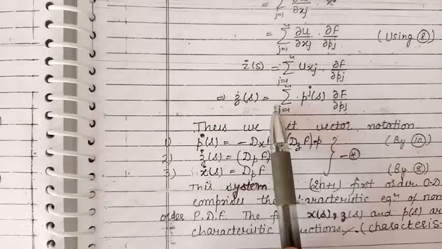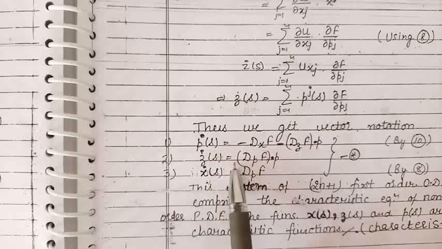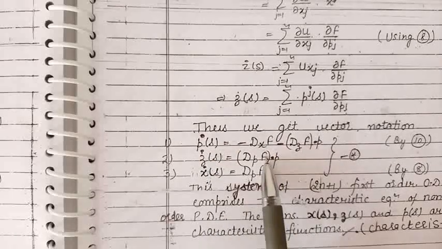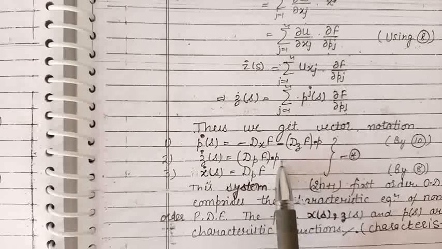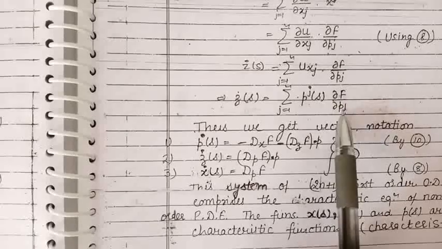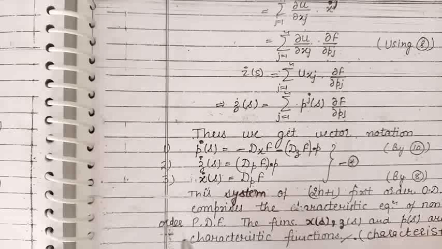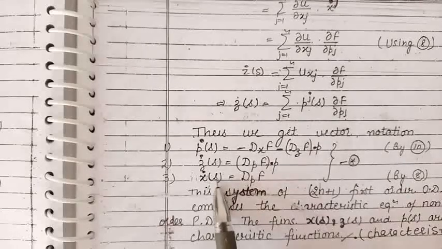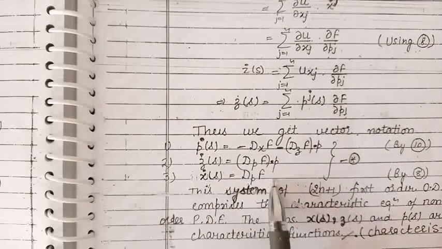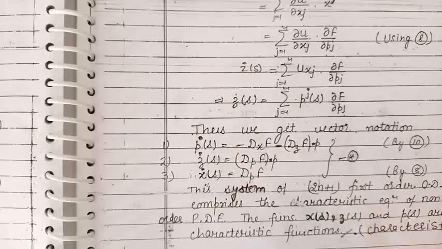This equation in the vector notation can be written as z dot s is equal to gradient of f with respect to p dot p, because these are the components of p, these are the components of gradient of f with respect to p, and also x dot s can be written as gradient of f with respect to p. So we have obtained these equations.